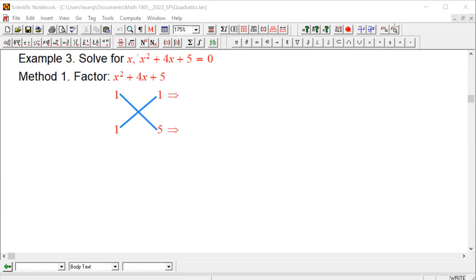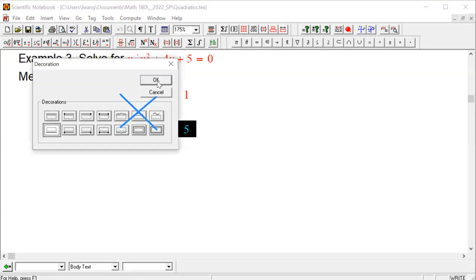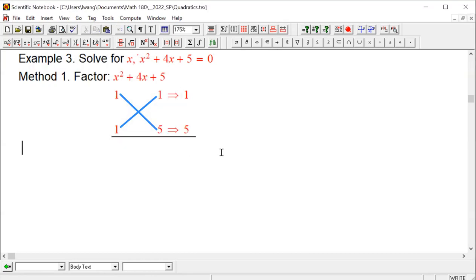And then what do I get? 1 times 1 is 1. 1 times 5 is 5. 1 plus 5 equals 6. It doesn't match the 4, right? So I have to do it over.